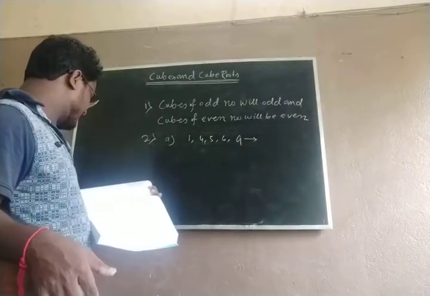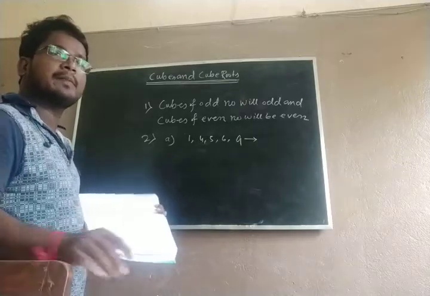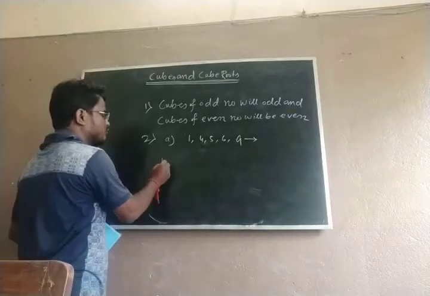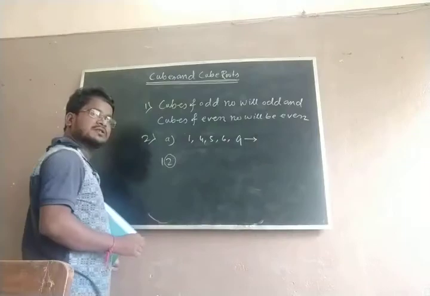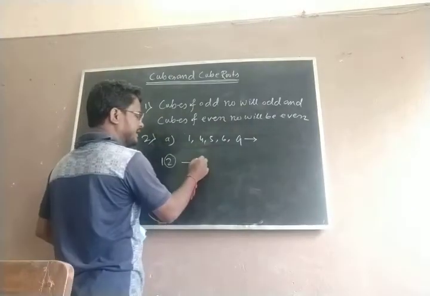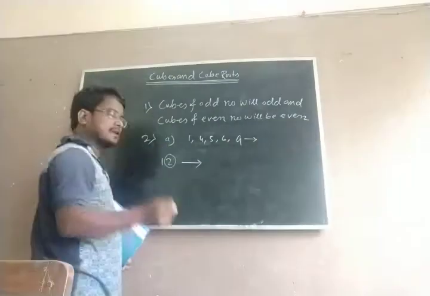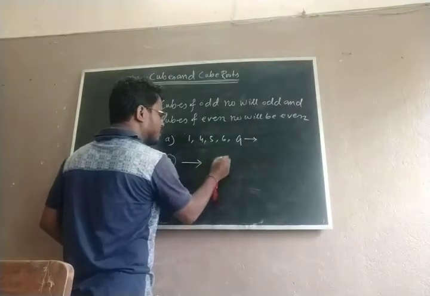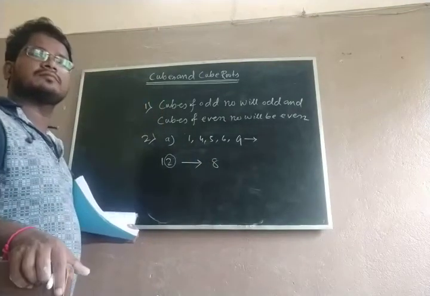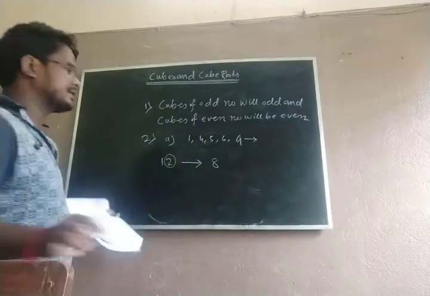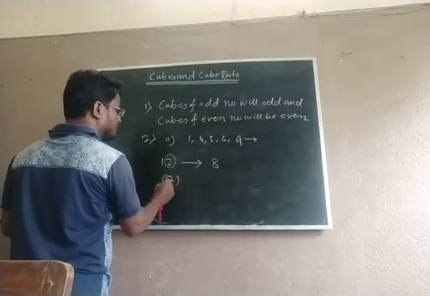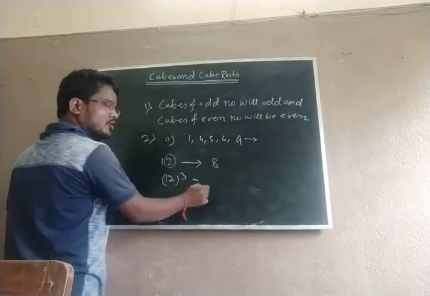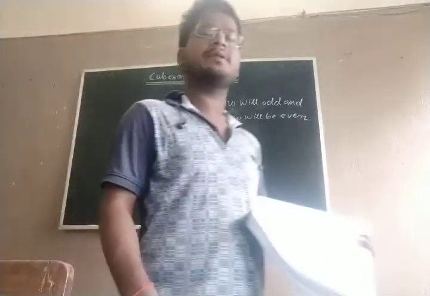Number 2: if a number has 2 in the unit place, suppose 12, then in its result, the unit place digit will be 8. Suppose you find 12 cube: 12 into 12 into 12.